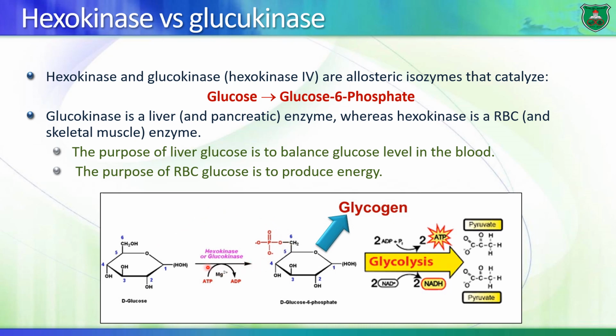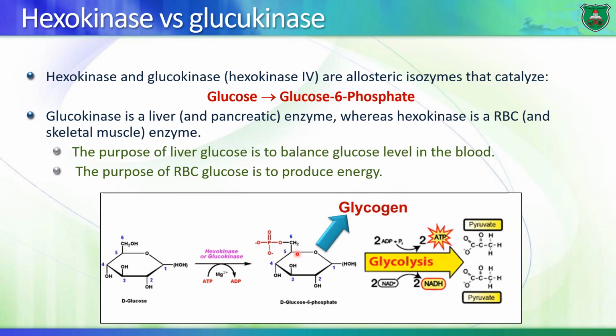Hexokinase is an enzyme that catalyzes the phosphorylation of glucose. We talked about this enzyme before. This hexokinase can also convert fructose and mannose to the phosphorylated form of sugars. Now, glucokinase is more specific for glucose, and it specifically phosphorylates glucose to glucose 6-phosphate.